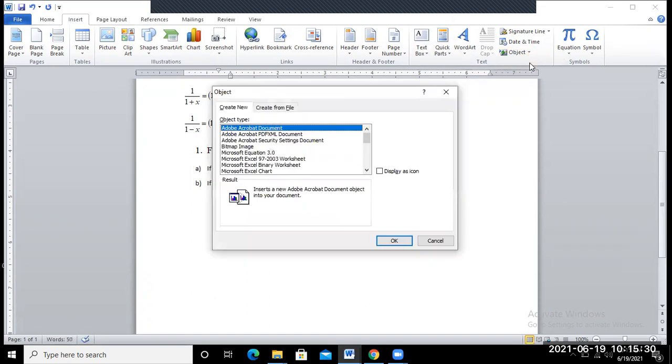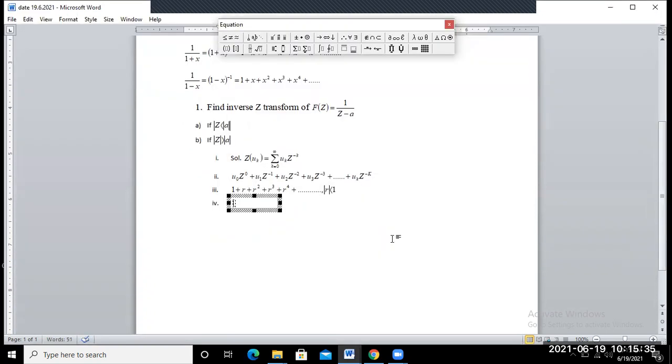Okay, 1 by 1 minus r, the summation of this infinite GP series, when magnitude of r is less than 1.